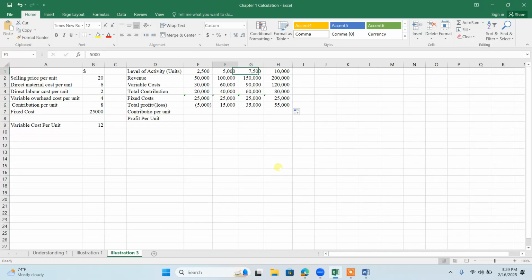So this is the total profit based on 2,500 units, 5,000 units, and similarly for the rest.